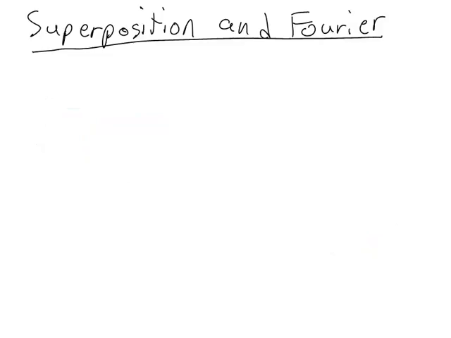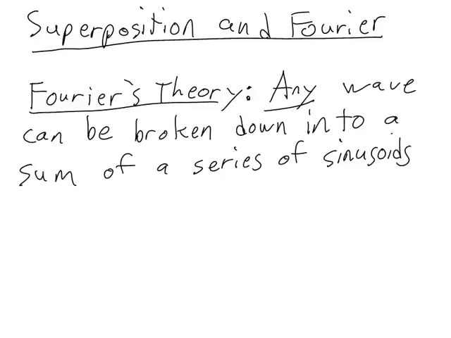Now, as useful as that is, the principle of superposition gets really powerful when we combine it with Fourier's theory. Fourier's theory says that any kind of a wave, of any sort or any shape, can be broken down into a sum of a series of sinusoids.